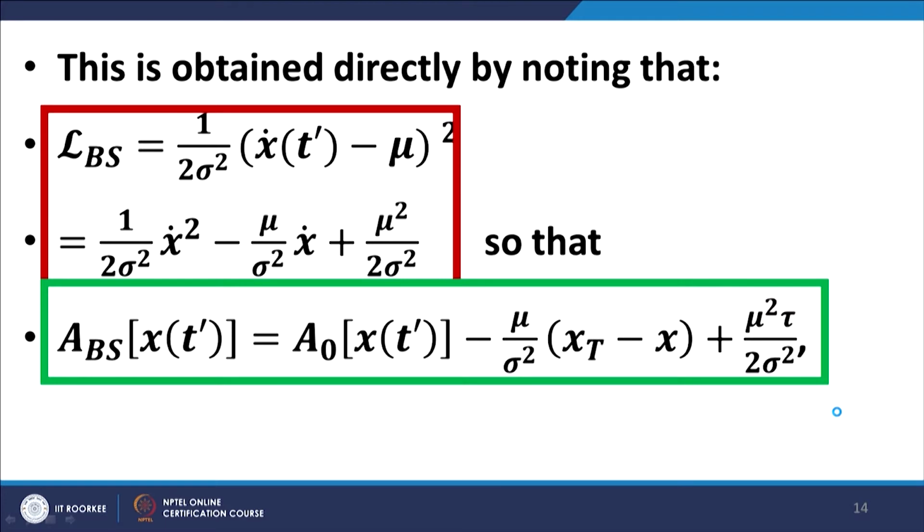The Black-Scholes Lagrangian, as I mentioned earlier, is given by the expression in the red box here. When you simplify this, you get the second expression for the Black-Scholes Lagrangian, and the corresponding action, which is the time integral of the Lagrangian, is the expression given in the green box here. The last two terms are self-explanatory, they are quite elementary. The first term we come back to in the next slide.